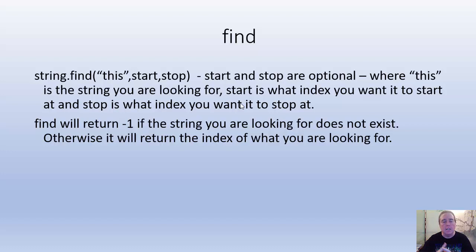Remember what indexes are. For example, my name is Marcus. M is the 0 index. A is the 1 index. So it will return the index of where it found the very first this, or whatever it is that you are searching for.